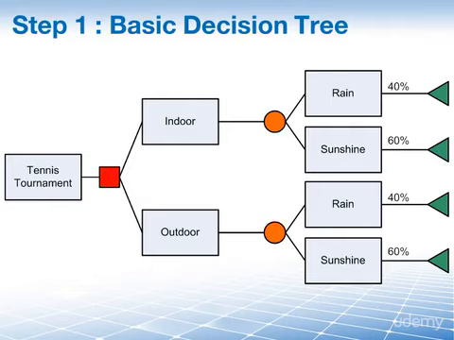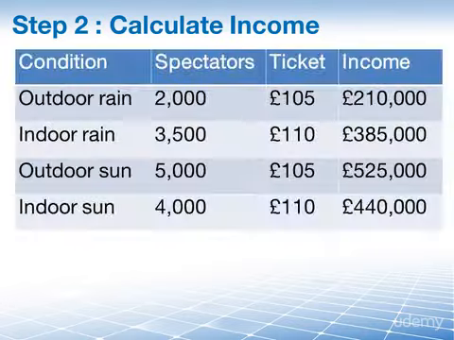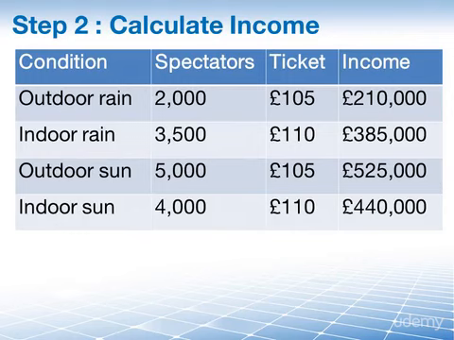Next, we're going to move forward, and let's add the spectator numbers and our income to this example. And to calculate our income, we are simply going to be using a spreadsheet application or a table like this one here.